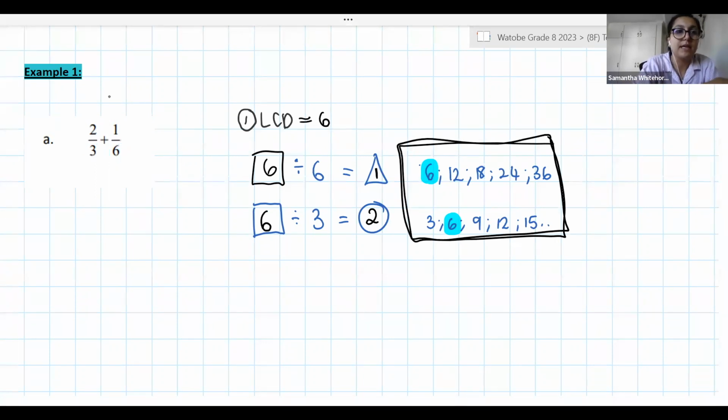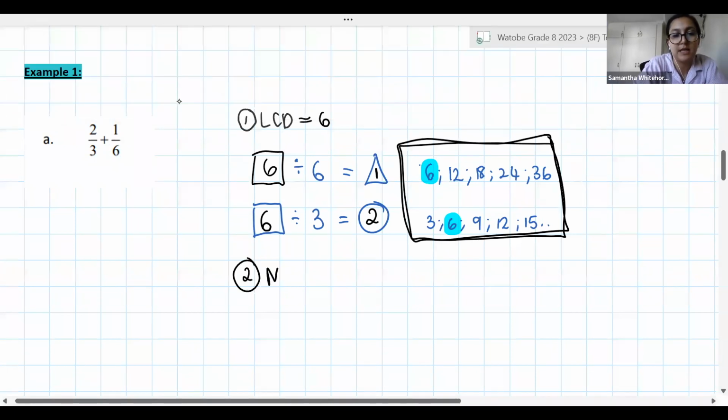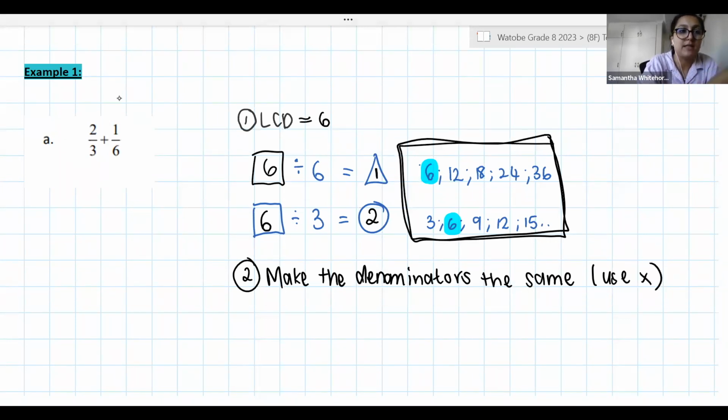Now what that means is I want to go and make these denominators the same. So my second step is make denominators the same. And in order to do this, we will use multiplication. So we need to ask ourselves, what should I multiply my denominators by to make it my LCD?